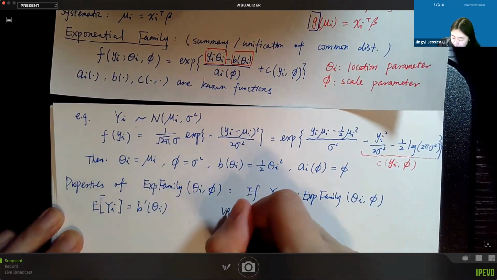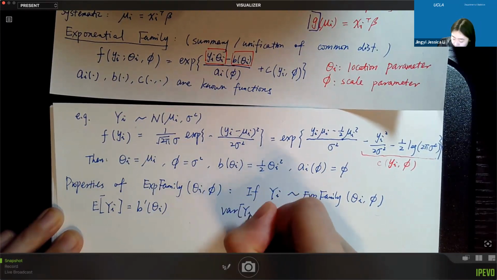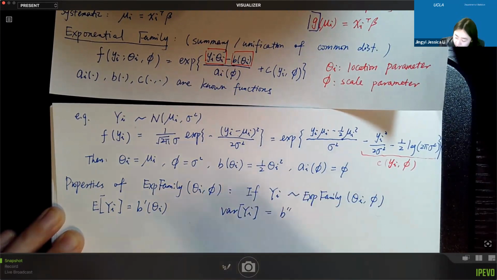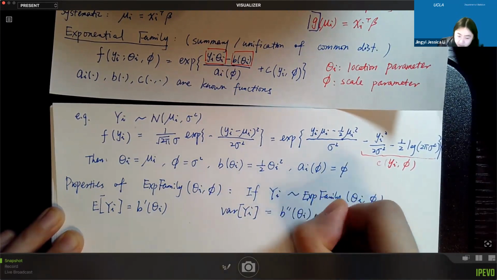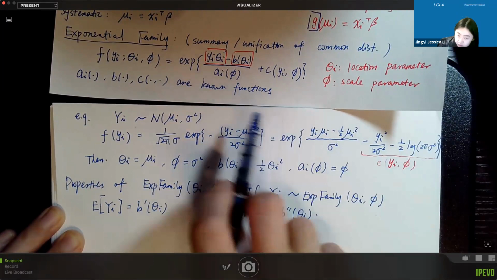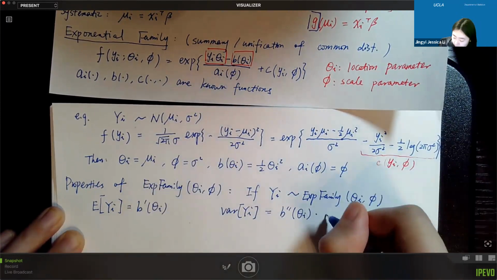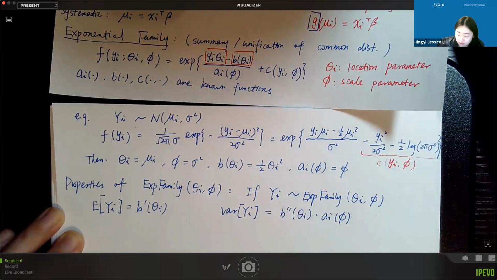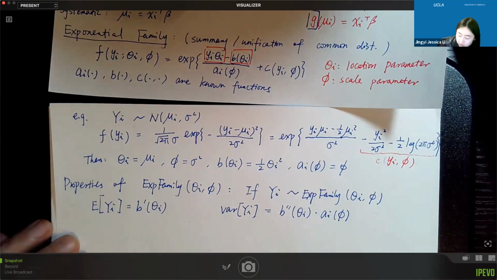And the variance of yi is just the second derivative of b evaluated at theta i times the ai function evaluated at phi. So how do we show this?